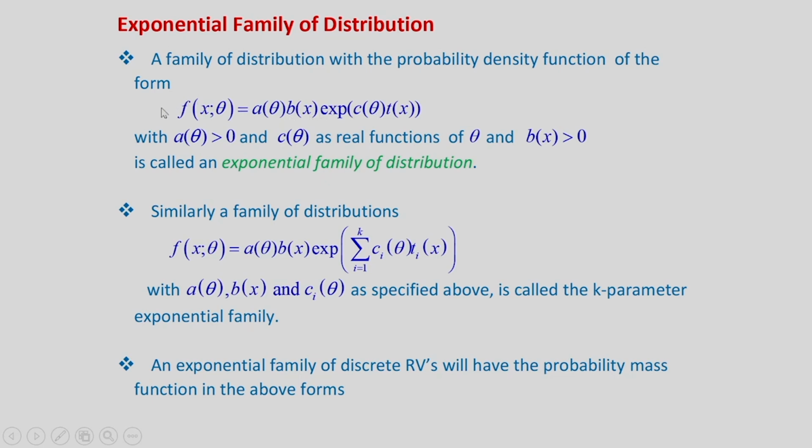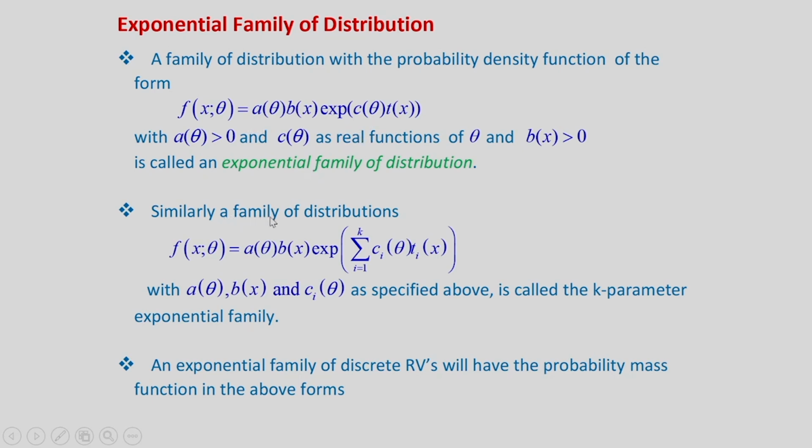So, if we can write in this form with a(theta) greater than 0, because it is a probability, this quantity must be greater than 0, and c(theta) is a real function of theta and b(x) greater than 0, then this family will be called the exponential family of distribution with one parameter.